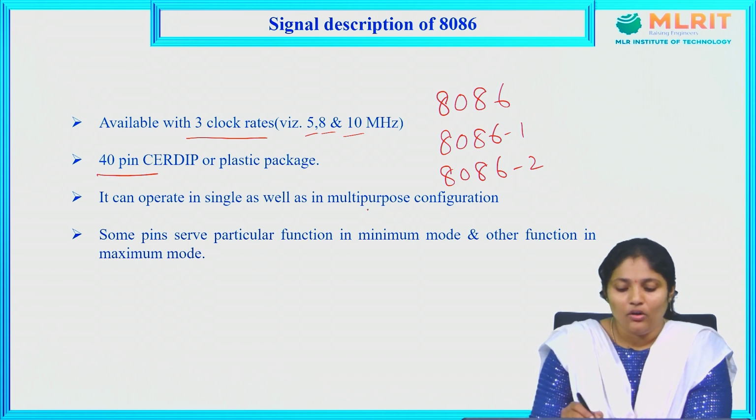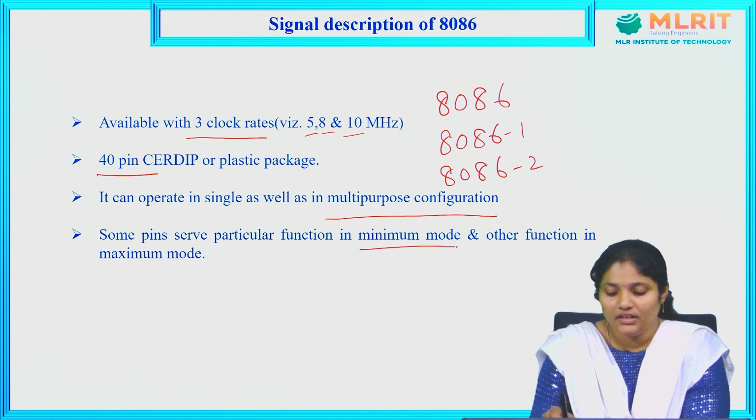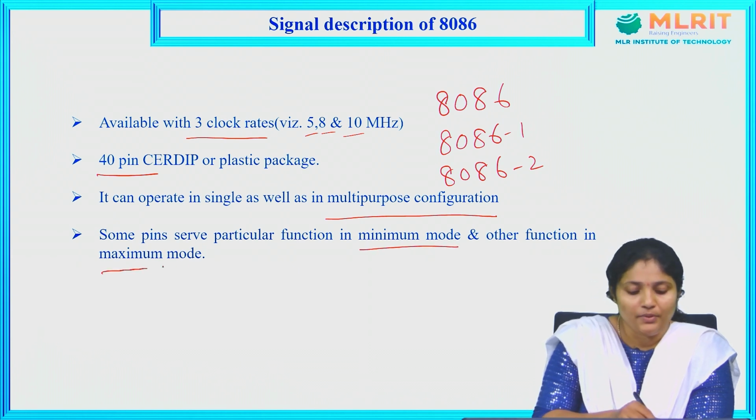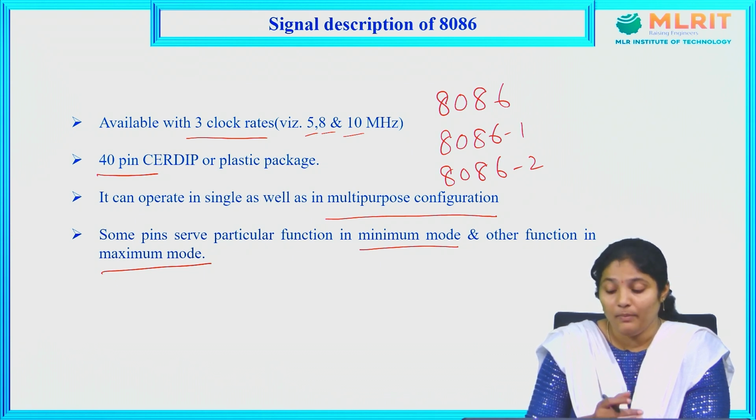It can operate in minimum mode as well as maximum mode. If the application has more than one processor, it is considered maximum mode. If only one processor is present in the configuration, it is considered minimum mode.